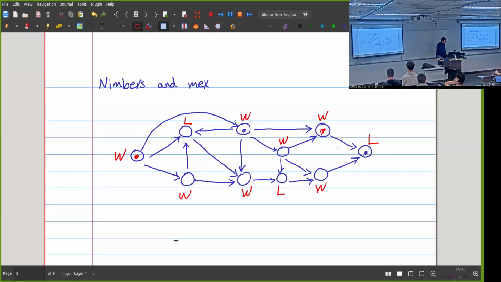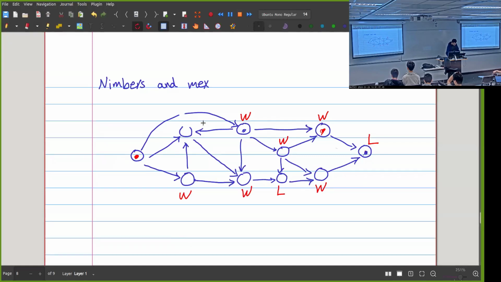The idea is that if I assign a number k, I think of this vertex as having the same role as the number k in my NIM game. So I want to transform this game into a NIM, and the way I'm doing that is that every vertex gets transformed to a number in NIM. And the numbers in NIM are called nimbers.